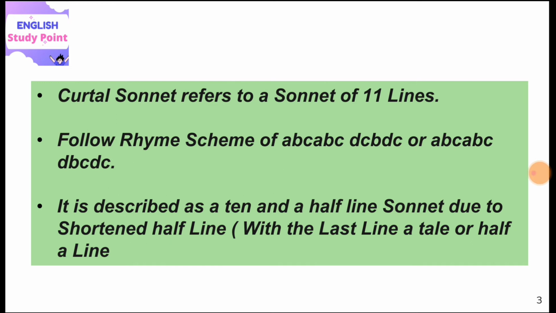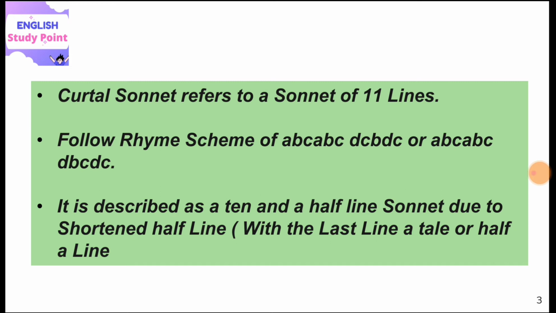This particular sonnet follows a fixed rhyming scheme of ABC ABC DCB DC, then ABC ABC DB CDC. Then it is described as a 10.5 line sonnet. As I have already said, these sonnets contain 10.5 lines.